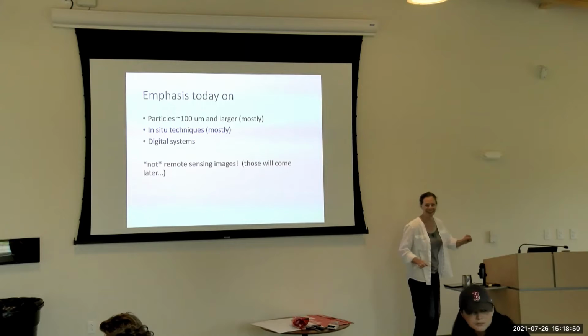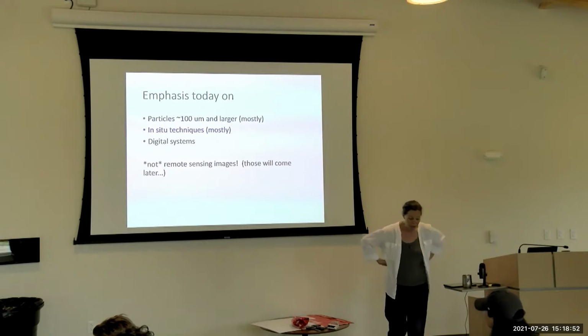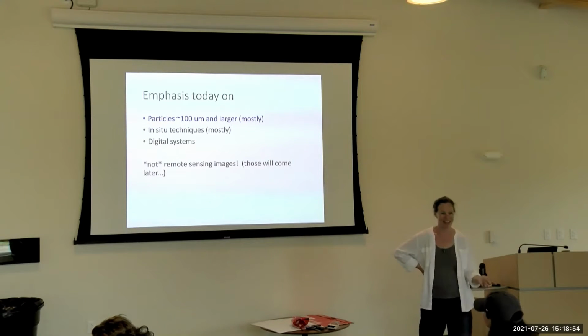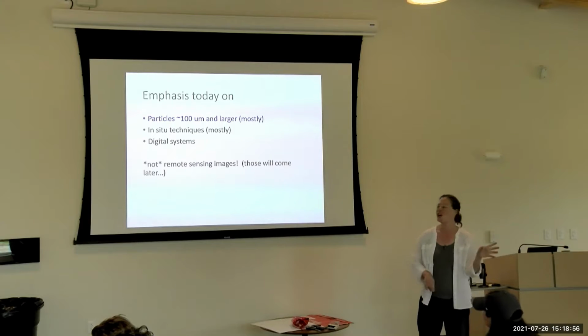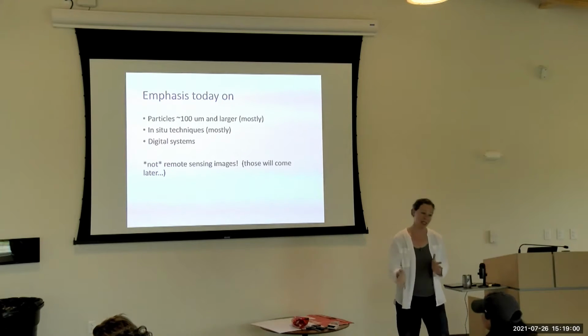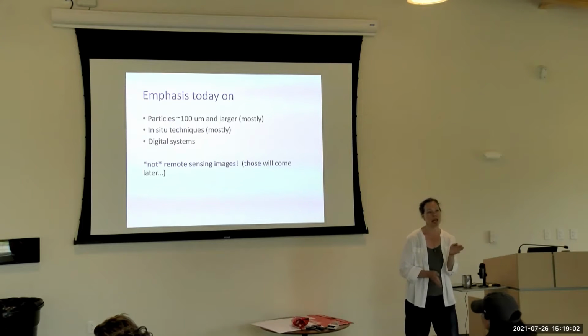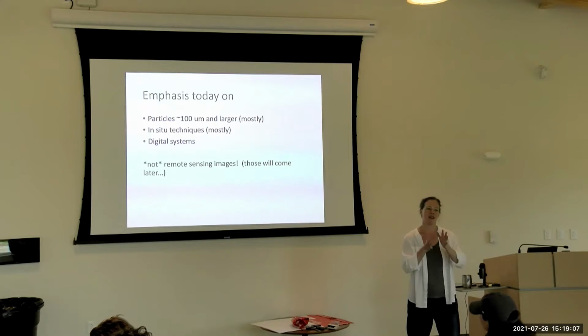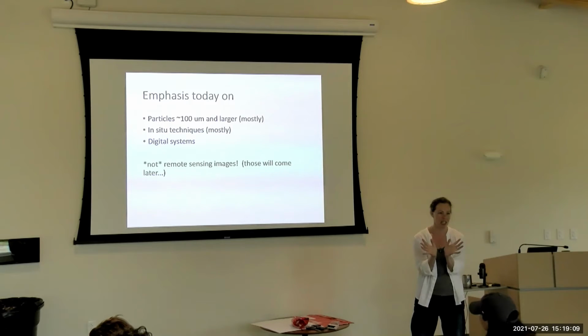What is that lower limit, like 5 or a little bit below? The theoretical lower limit, which, well, we're going to get interrupted, so I'll answer your question, we're going to come back. The theoretical lower limit would be if you have blue light and a perfect lens with a really high magnification and a really high numerical aperture, you would probably get down to like a micron, half a micron.